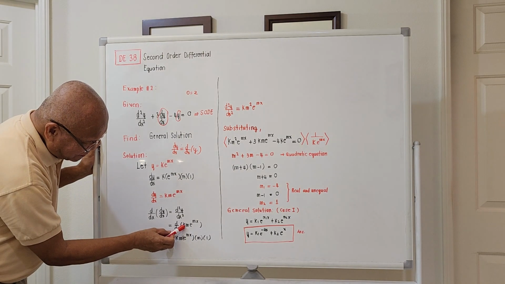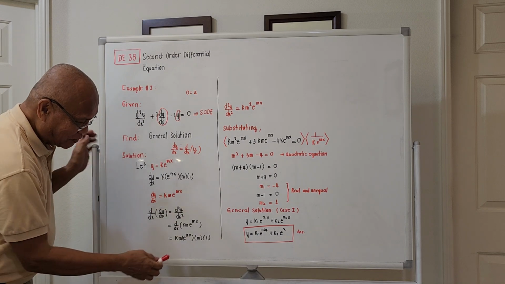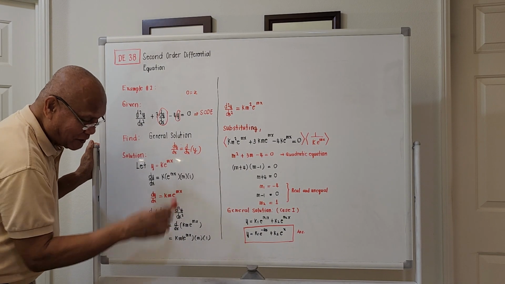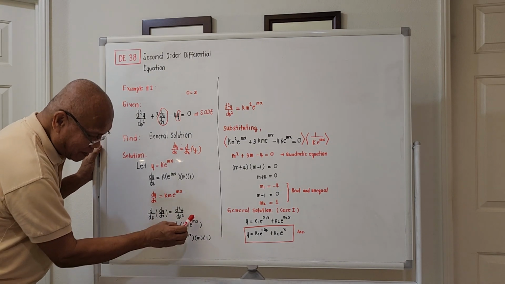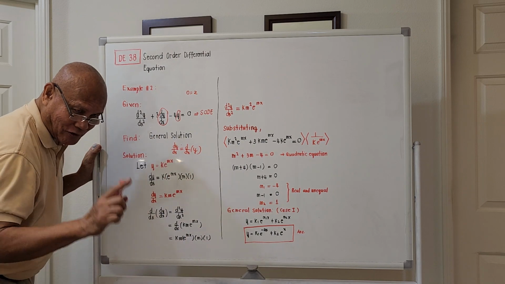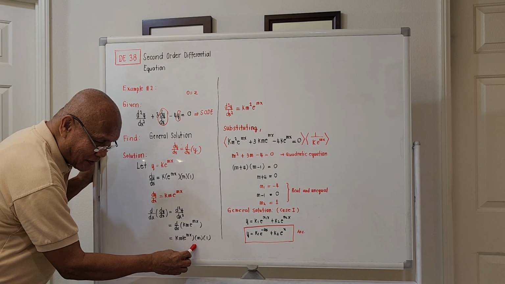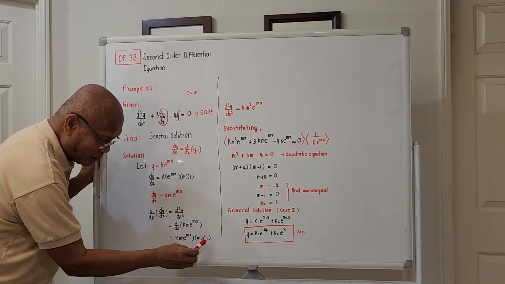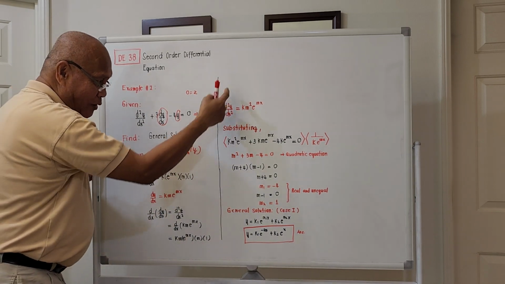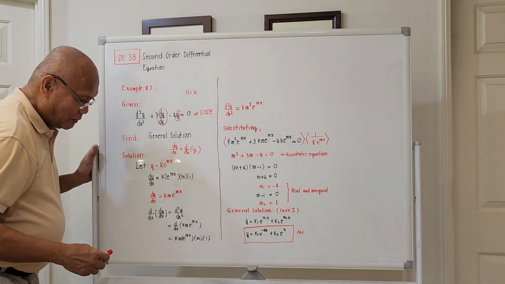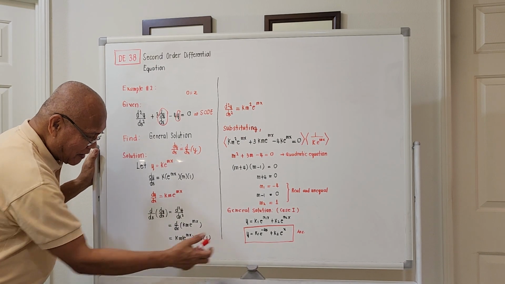K is constant, m is constant, the product of two constants will be constant. We bring it out, so that will be km times the differential of the exponential function e to the mx. So this will be e to the mx times the differential of the exponent. The differential of the exponent will be m, times the differential of x with respect to itself, which is 1. So simplifying this one, d square y over dx square now will be equal to, let's multiply the right hand side.